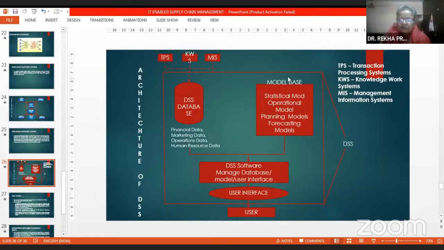So this is the whole part of DSS, and I can give you an example. Suppose you want to produce a tabletop. Now, what should be the thickness of the tabletop?